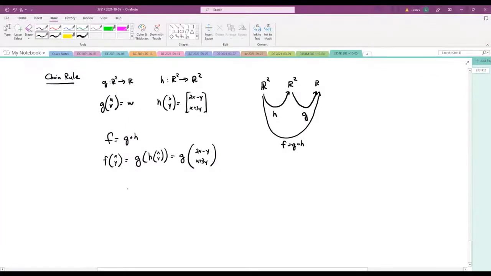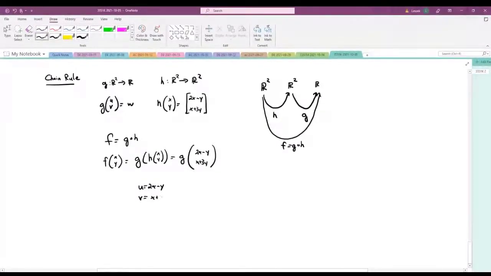So if you'd like, u is equal to 2x minus y, and v is equal to x plus 3y.